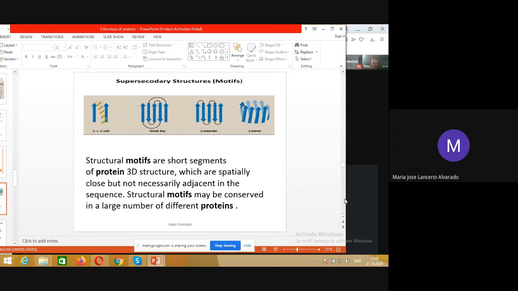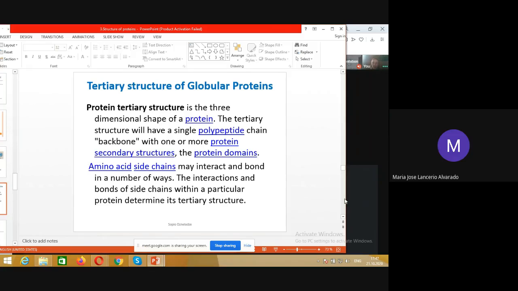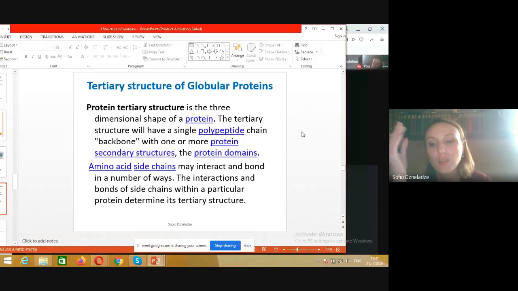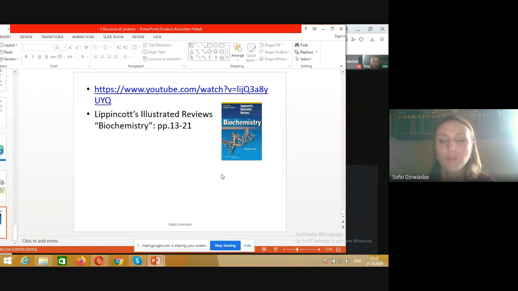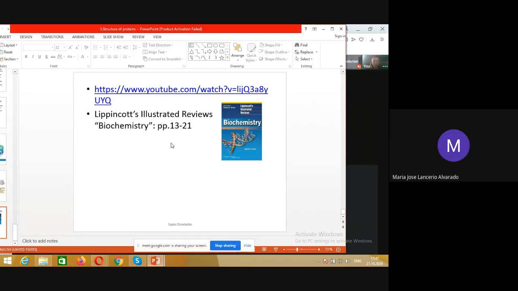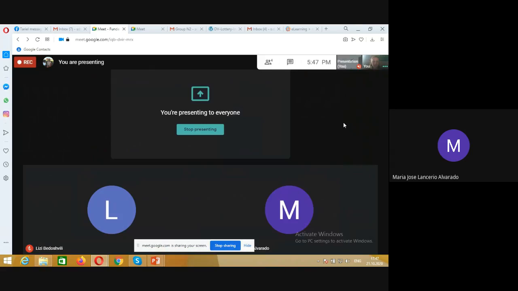This is a motif. So we talked today starting from the tertiary structure, and you need to prepare your material from the tertiary structure till the enzymes. The enzyme pages you can find on the last slide. On the last slides, you can find the pages which you need to read and prepare for the seminar and for the exams.